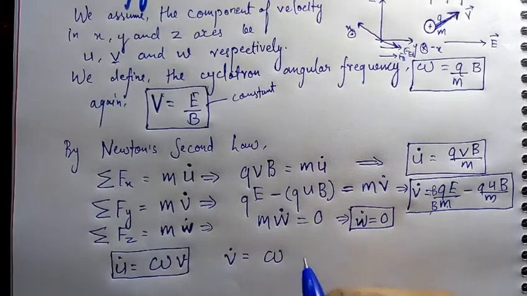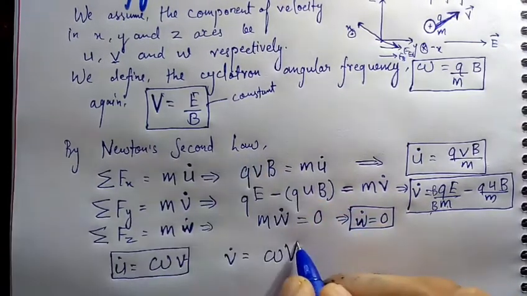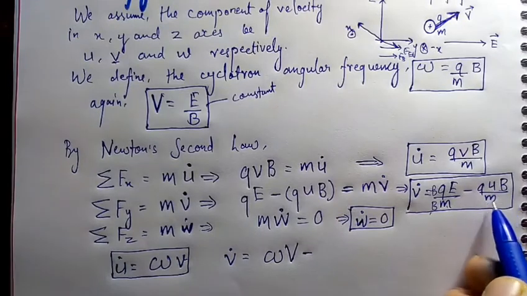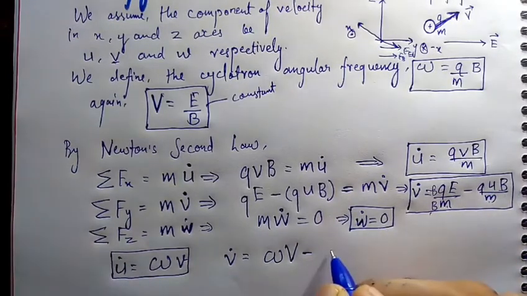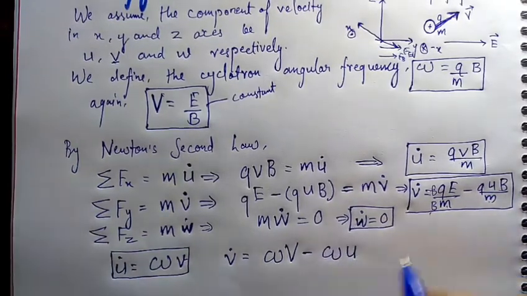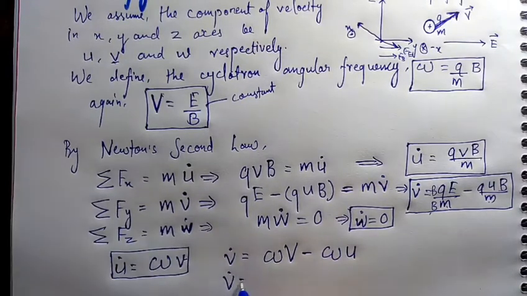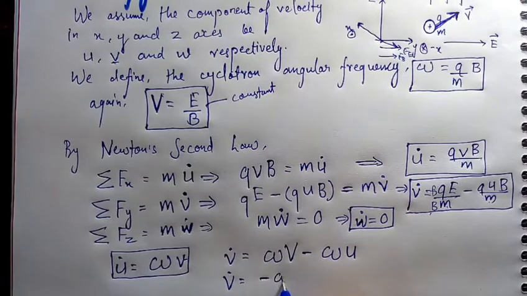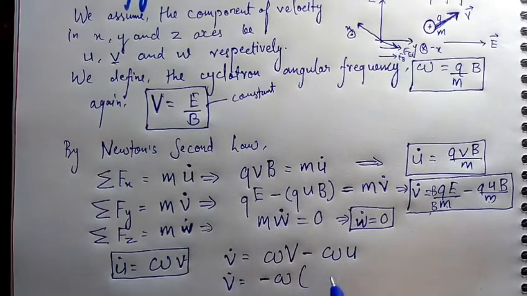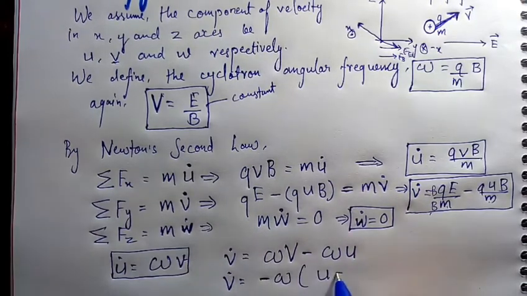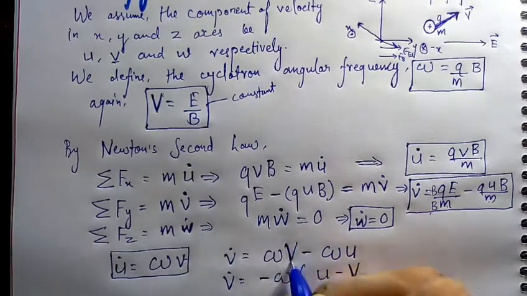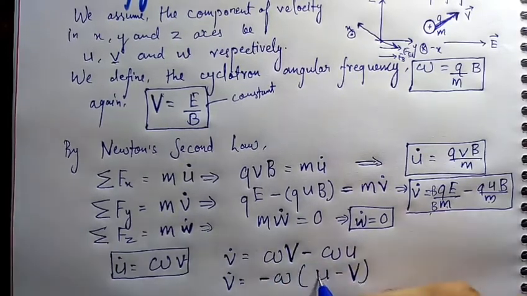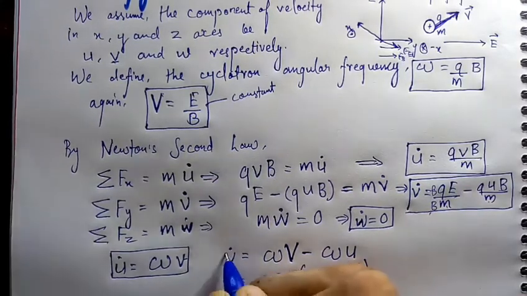So v dot equals omega times capital V minus omega times u. Let's reverse it a bit. Let's take common minus omega, so v dot equals minus omega times u minus capital V. Let's not forget this is capital V, and the other thing is small v.